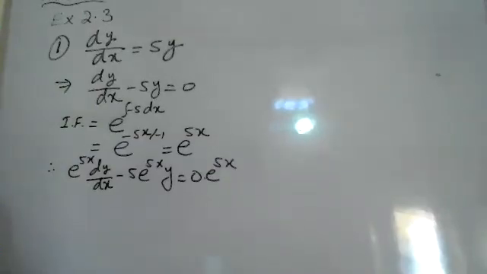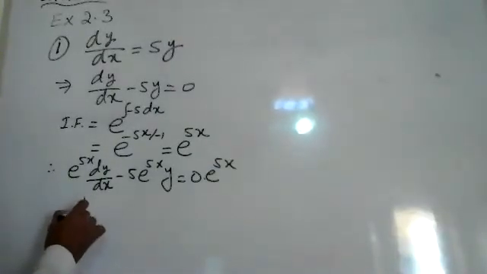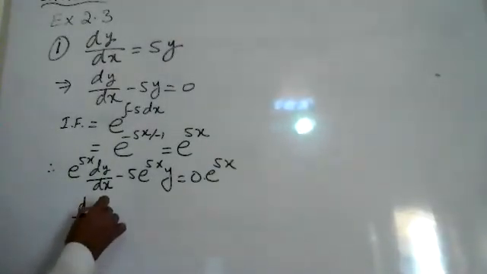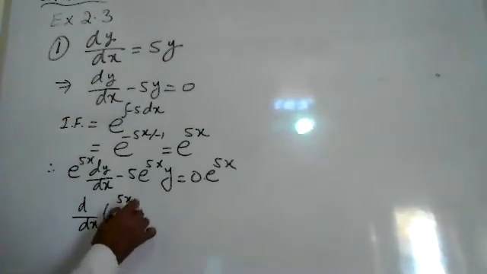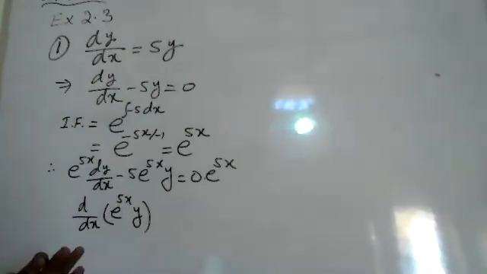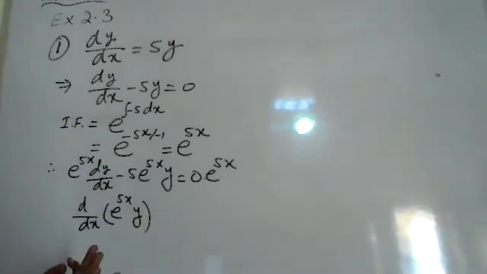Okay. So when we multiply this one, I told you it will become the whole derivative with respect to x of the integrating factor into y. If we differentiate this one, we will get the same thing.